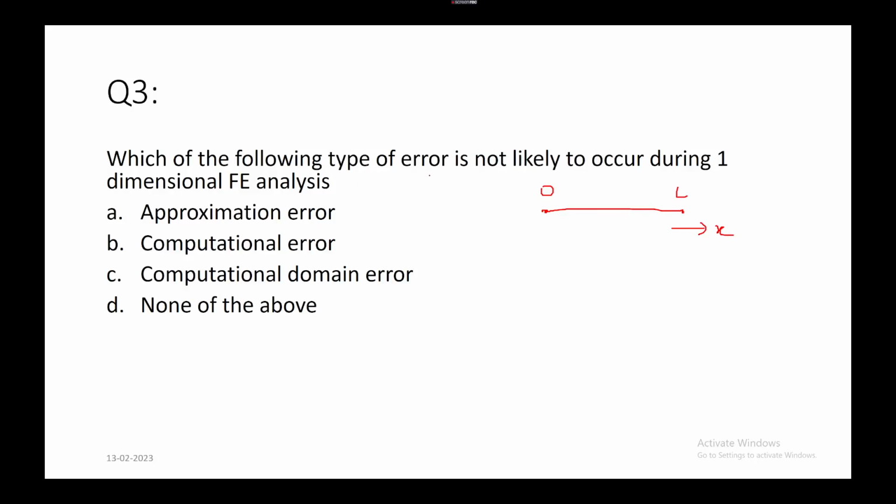Which of the following types of error is not likely to occur during the one-dimensional FE analysis? Again, the same options are given: approximation error, computational error, computational domain error, none of the above. So can you take a guess as to which would be the answer?